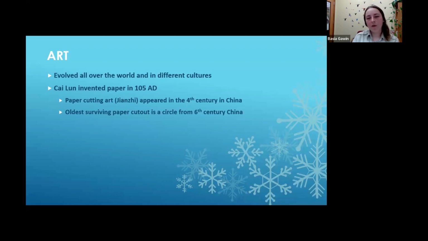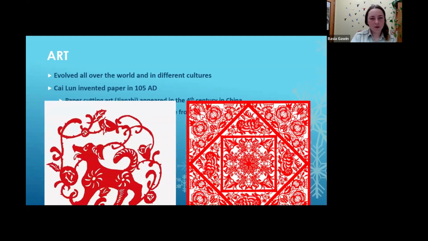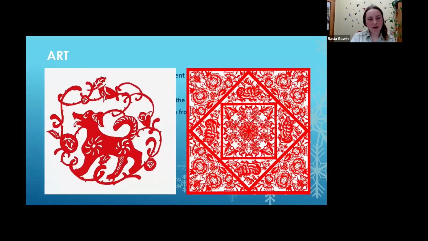And something really cool about this is that these paper cuttings are included in the UNESCO Intangible Cultural Heritage List. So there's a lot of UNESCO sites that are protected across the world for their cultural value, for their historical value. But before this presentation, I didn't know that there's also an intangible list, and it's more like concepts and ideas that we're protecting.